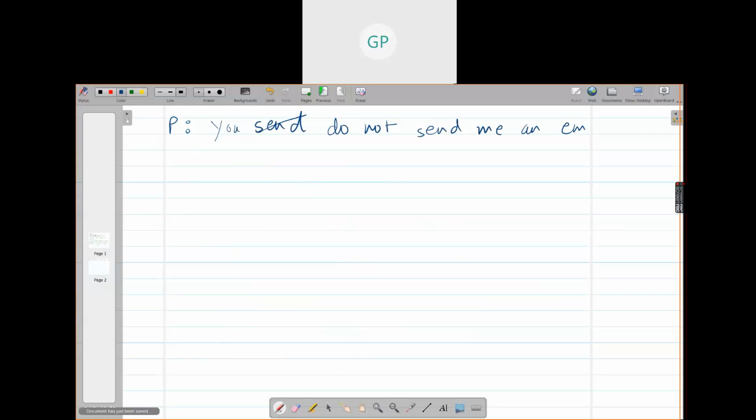Okay, this is your proposition P. And what is your Q? I will go to sleep early. And these two propositions you are connecting with the connective if then. Is that clear to you all?